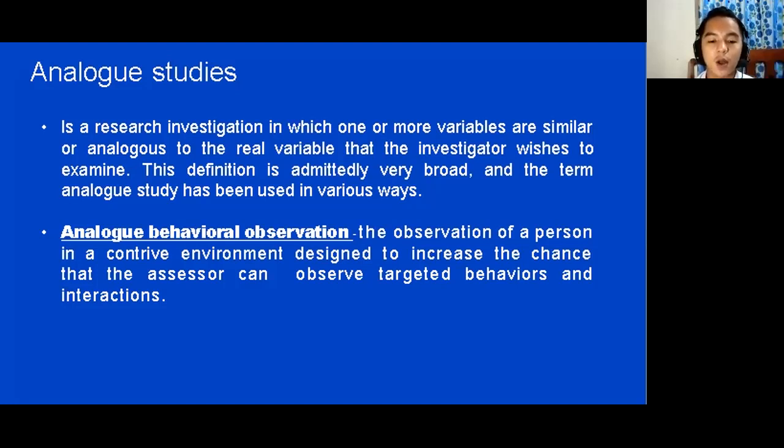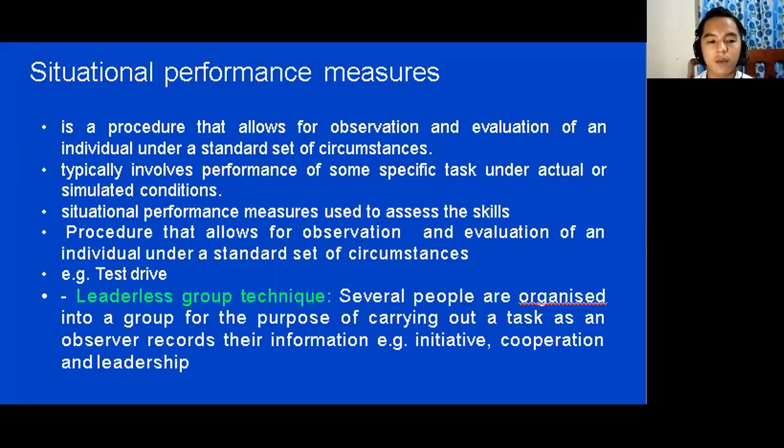Analog behavioral observation is the observation of a person in a contrived environment. Contrived, it could be a waiting room, a playroom, or a clinical setting, designed to increase the chance that the assessor can observe targeted behavior and interaction. One example of analog studies is the situational performance measures.